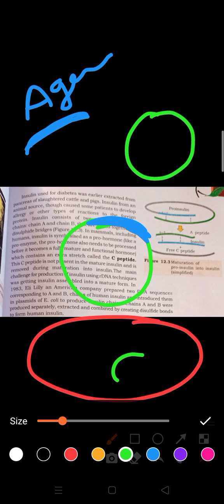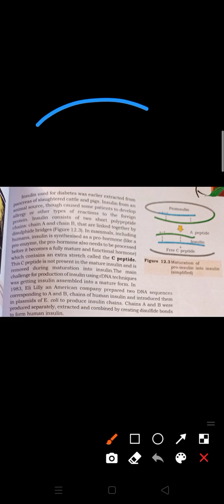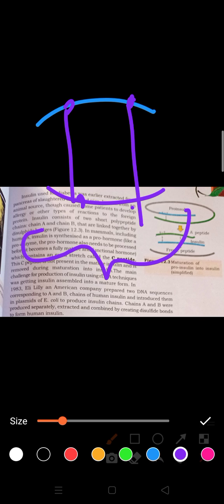Now E. coli has the plasmid carrying gene A. Ultimately, from this E. coli, gene A will be synthesized, and the same process will take place for gene B. So you have gene A and gene B, and they form the sulfur bond, as I told you. So this is the insulin which is developed by the biotech method.